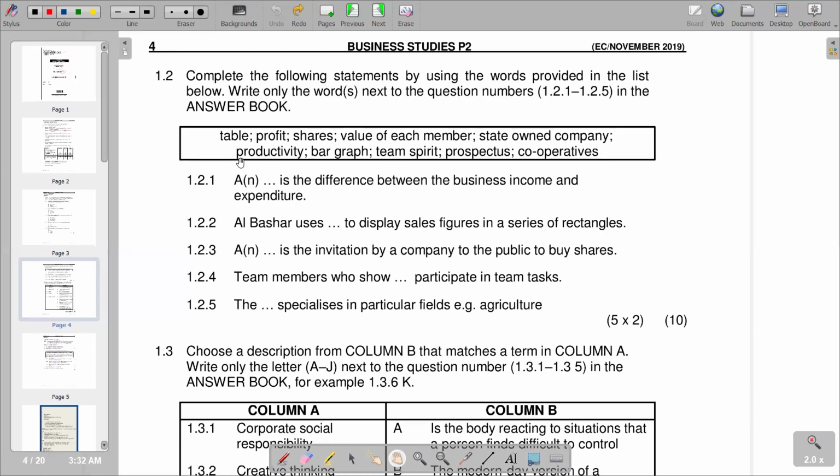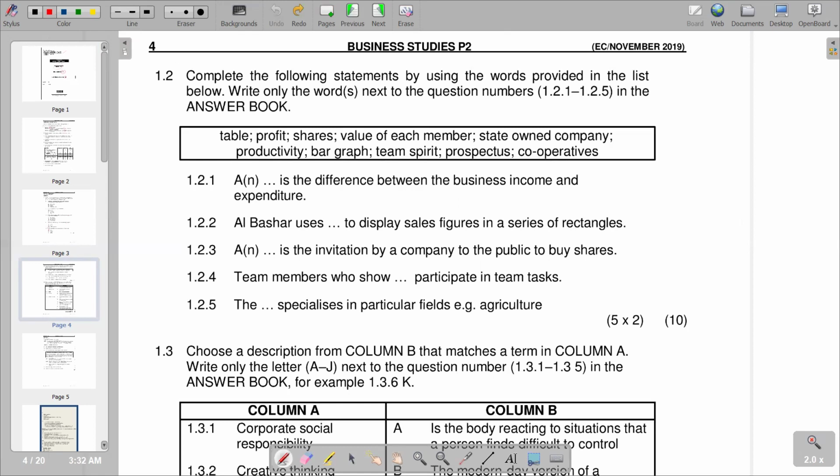Going to the first one, 1.2.1, it reads: dash is the difference between the business income and expenditure. When we say income minus expenditure, you're going to get either a loss or a profit. When income is greater than expenditure, it's a profit. When income is less than expenditure, it becomes a loss. According to the responses given, we have profit here.